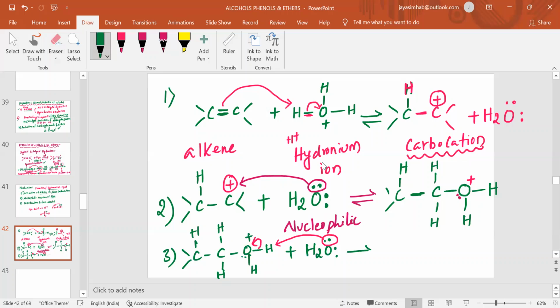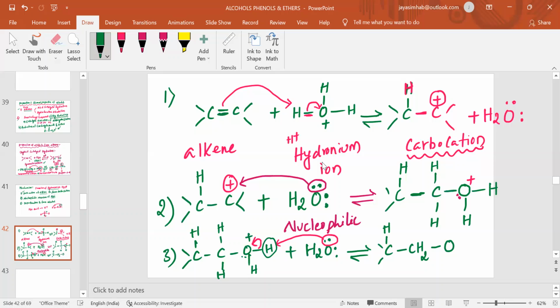What will happen? We'll write here. CH, so I can simply write this as CH2. No need to get confused here, because this H and this H I am writing as CH2. Then what is remaining? This positive charge is nullified by this electron. So then what will remain? O, and this hydrogen is lost.